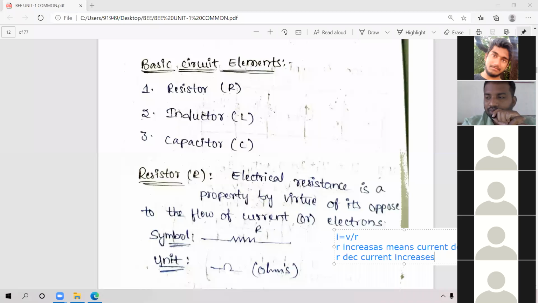We know that for wood material, the resistance is infinite. Infinite resistance means is there any current? No current passage. R is infinite, so what is the current?